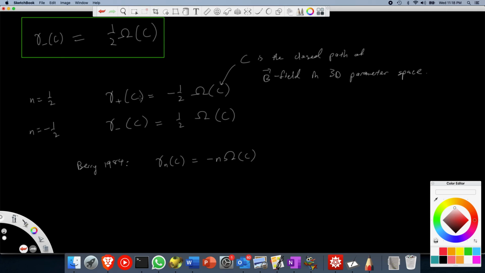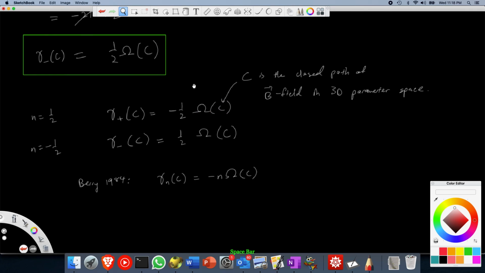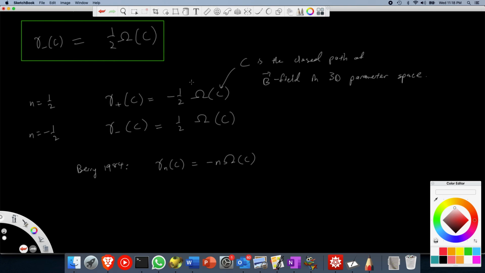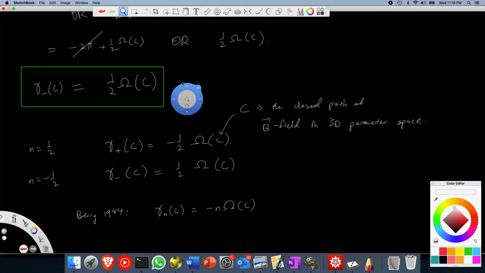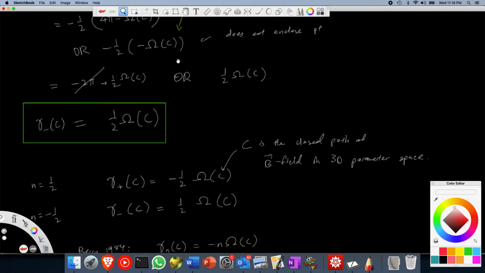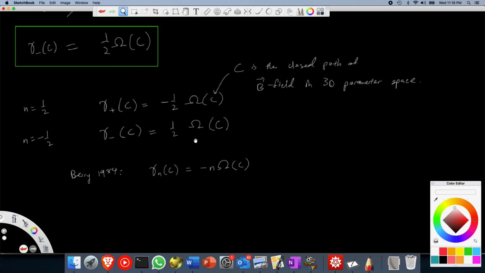So our result here agrees with Berry's result in his paper, but of course his result is more general because it's for a general spin n. We will go through this in the future, but I just want to do a quick calculation today for that. His method was different though, in that he used Stokes theorem, and yeah, that's all I have for today.